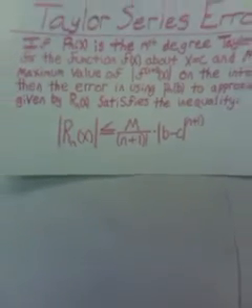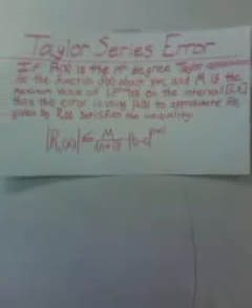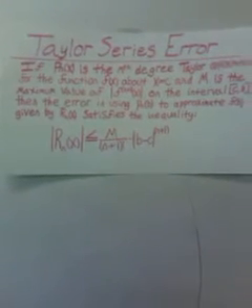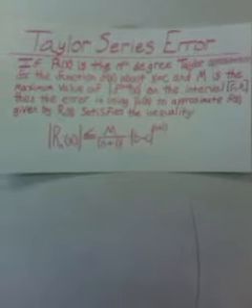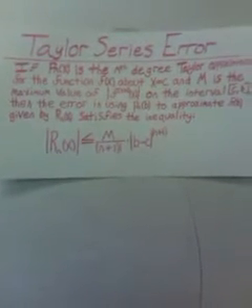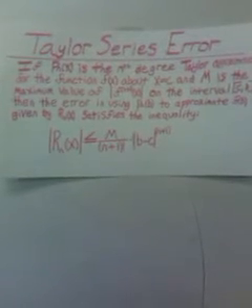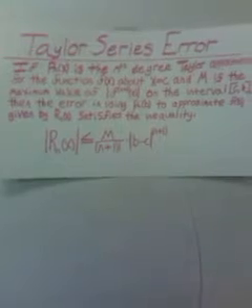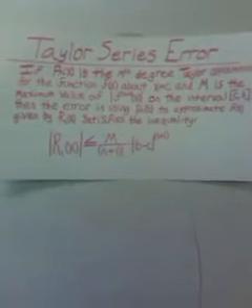And this inequality will tell us what the maximum amount of error we can have in using a certain degree polynomial approximation for a given function. So that's about all there is for Taylor series, and the study of the Taylor series leads us into a broader study of series in general, which is a part of calculus.